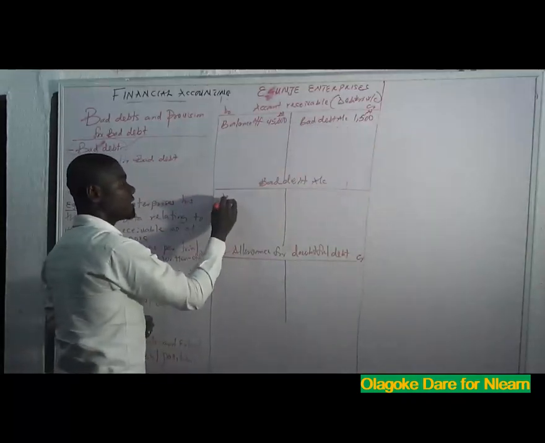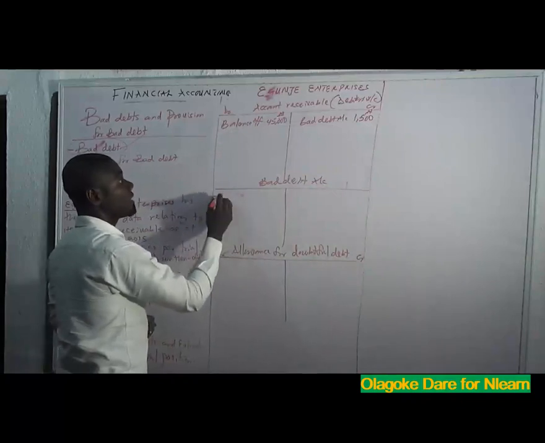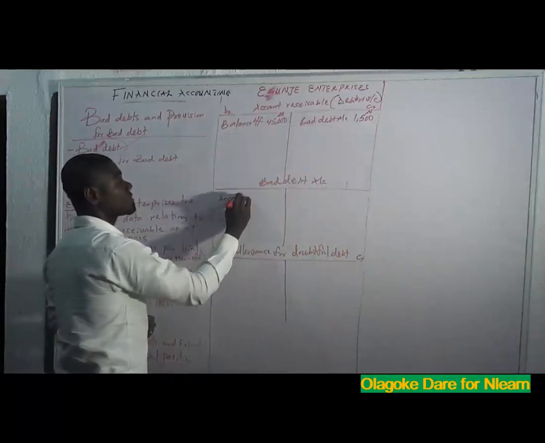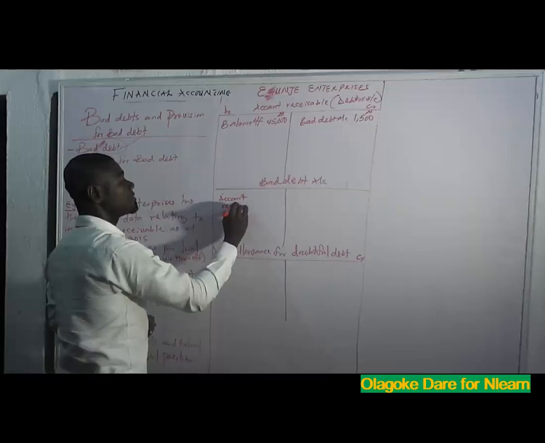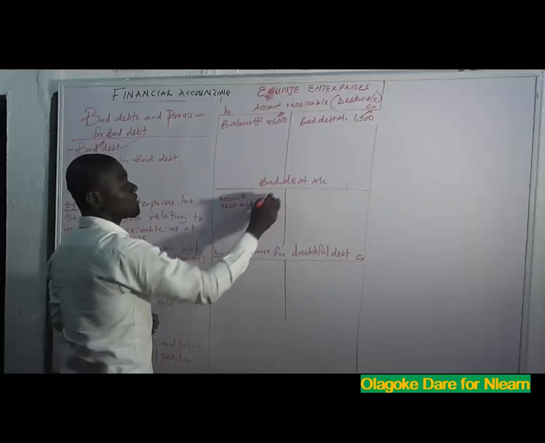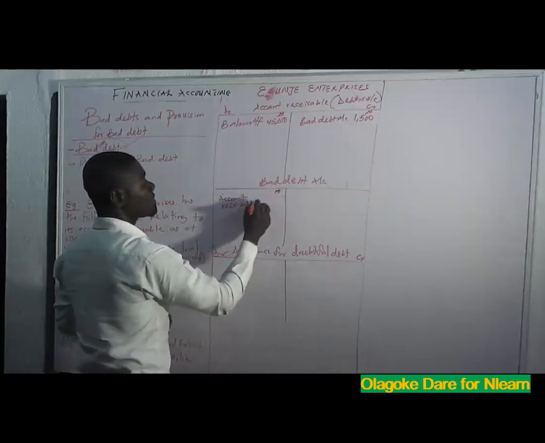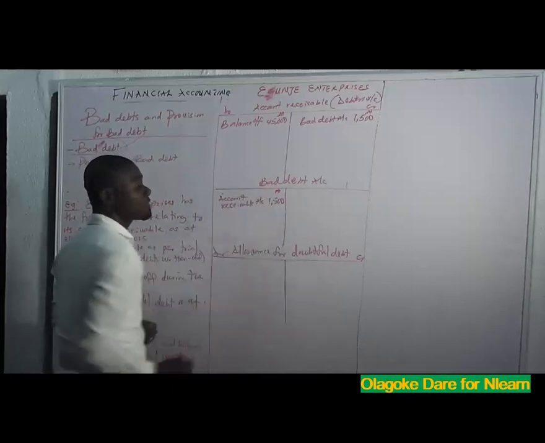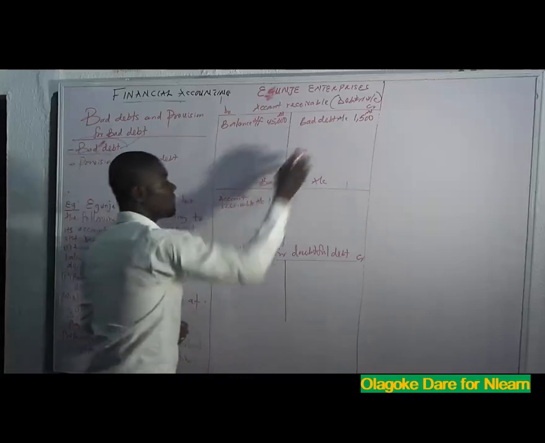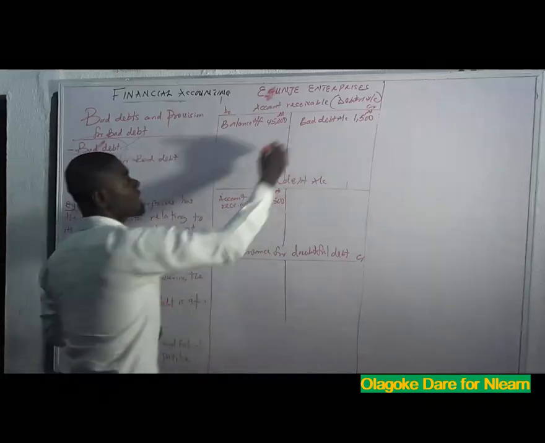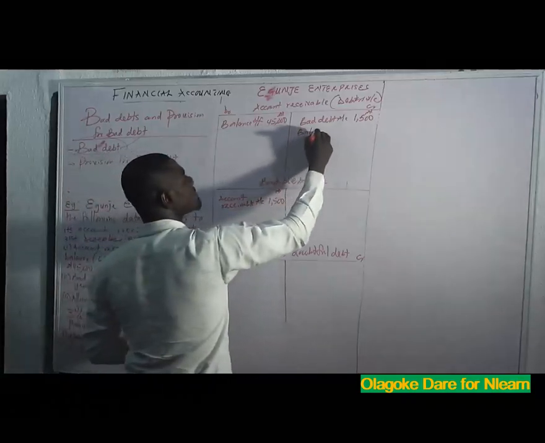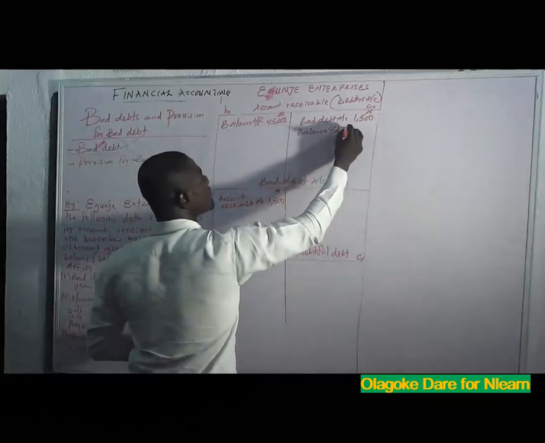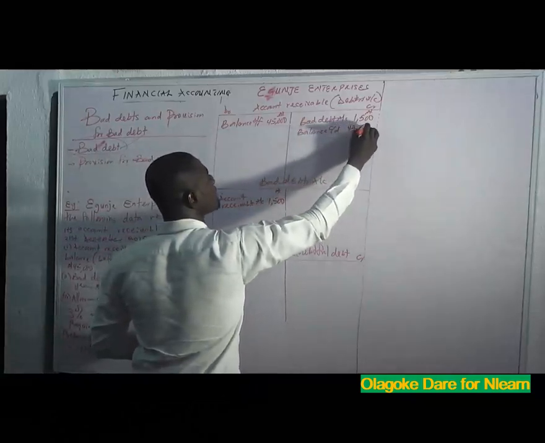So we have debtors, our accounts receivable. It is 1,500. For every credit there will be a corresponding debit. So here we have the balance carried down to be 43,500.